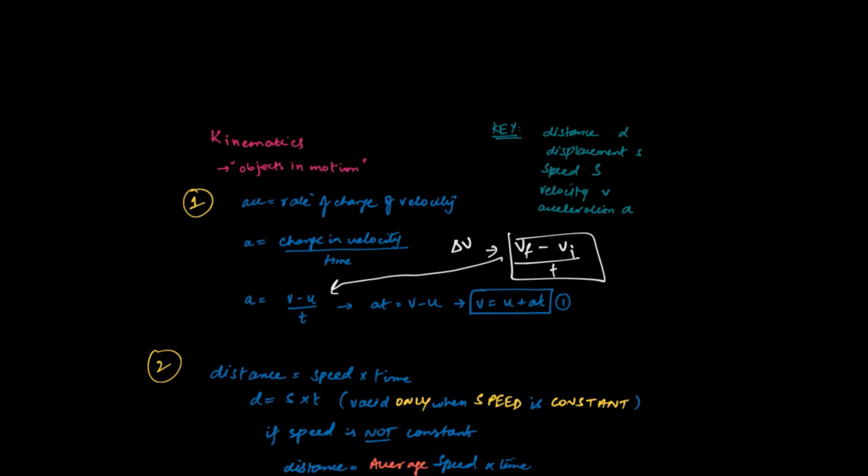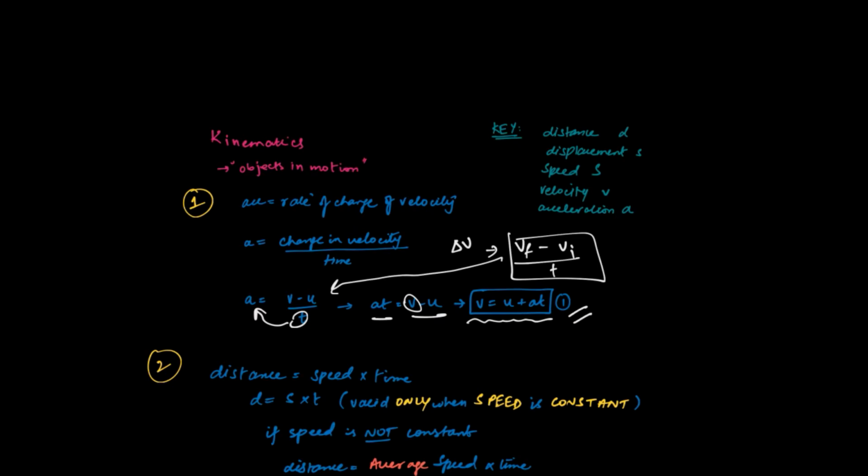Then t is cross multiplied with a, so it becomes at equals v minus u, and it is rearranged to make v the subject, so v equals u plus at. In words, final velocity equals initial velocity plus acceleration times the time taken. So this is the first equation of motion.